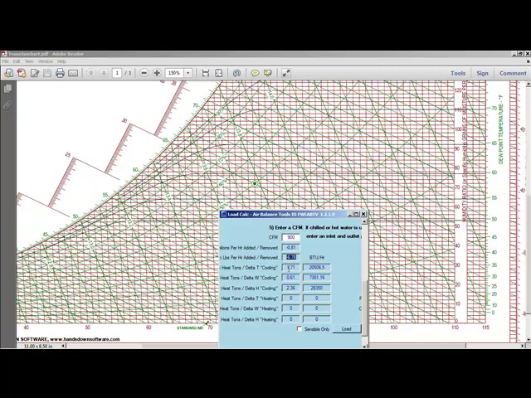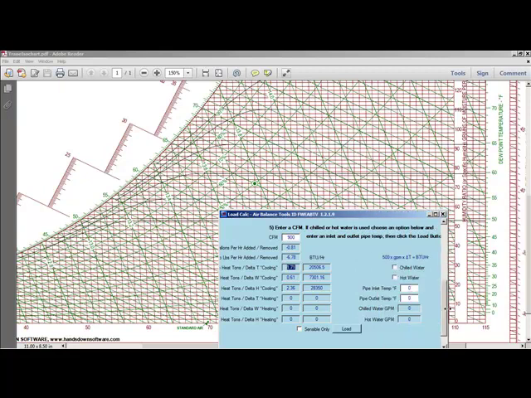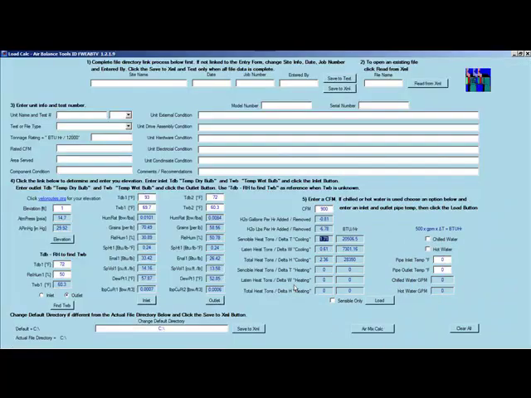That's the removal. So the work being done, our sensible heat would be about 1.71 and about 0.61 latent, and a total removal of 2.36 tons of cooling.